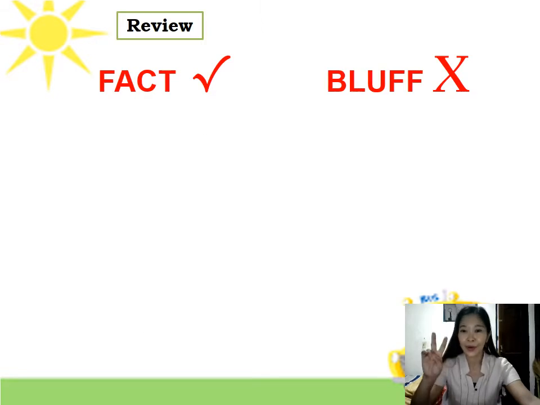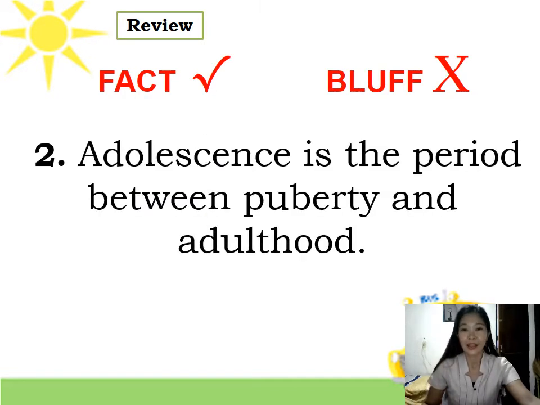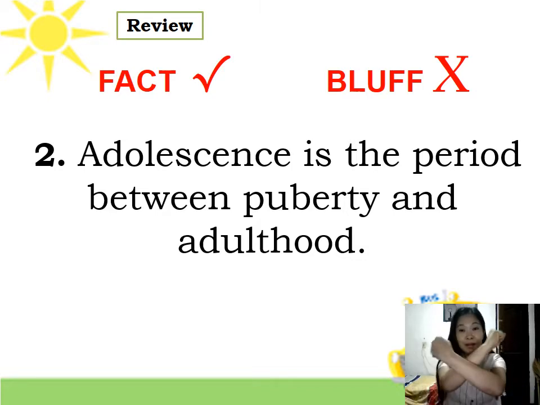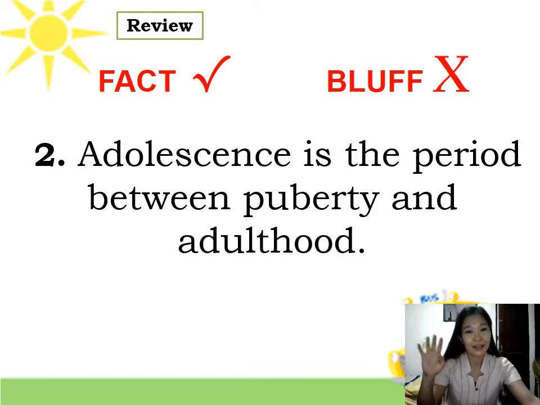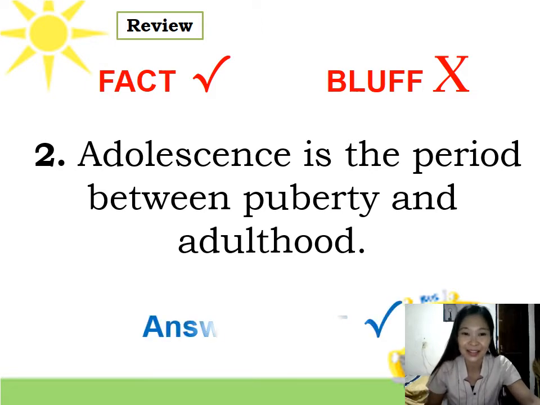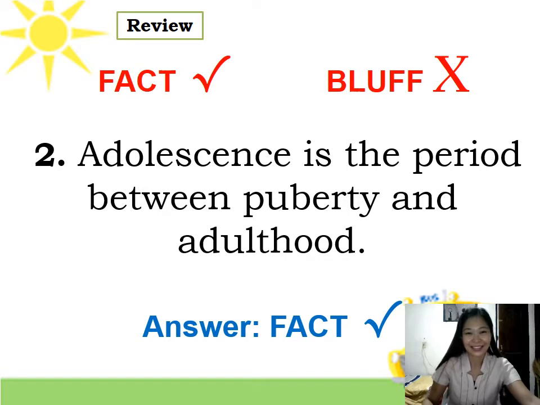And the second one is adolescence is the period between puberty and adulthood. Is it a fact or a bluff? Five, four, three, two, one. And the answer is fact. Did you get it? Nice try, kids.